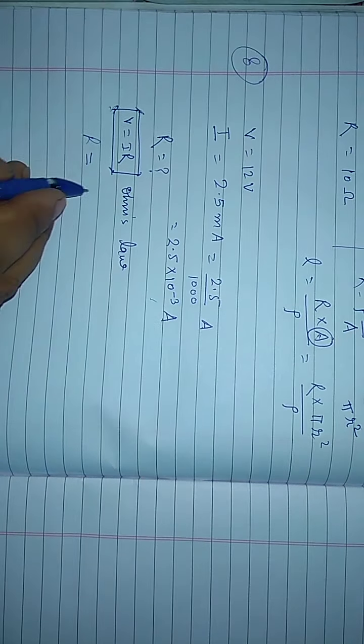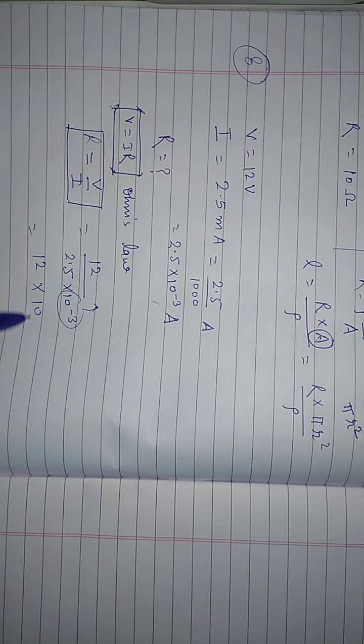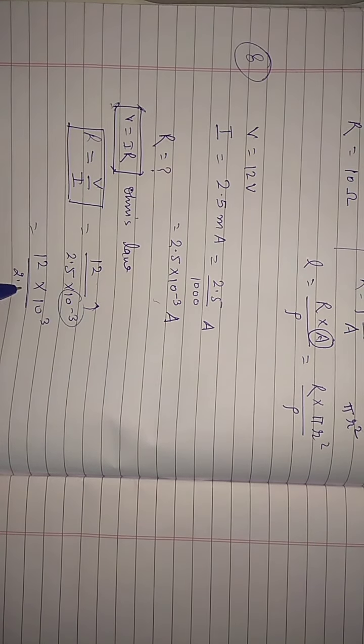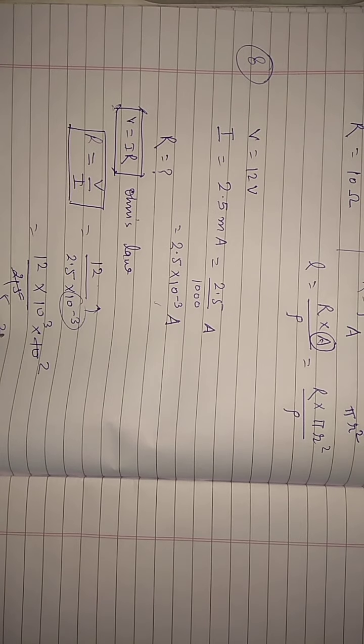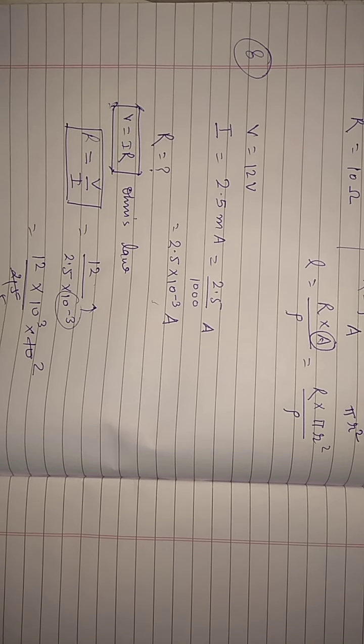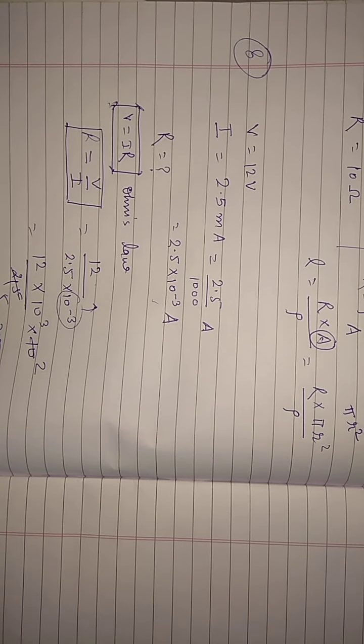We will get V is 12 volt and I is 2.5 into 10 to the power minus 3. This will go upward, and 12 into 10 to the power 3 upon 2.5. This is 24 into 1000 upon 5. 5 2s are 10, 5 5s are 25. This is 24 divided by 5 into 1000, which is 4800 ohm.